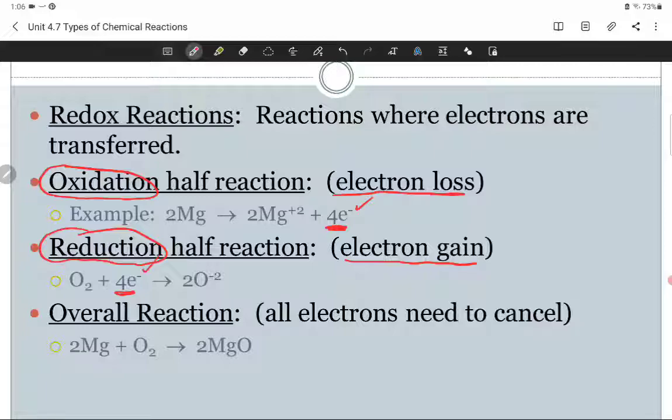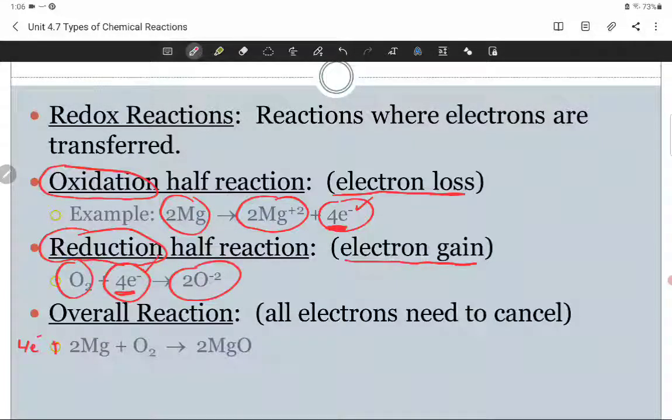So when we combine those two reactions, we add up all the reactants and place them on one side of the equation. I know that the overall reaction doesn't mention those 4 electrons. I'll put those in right now, and you'll see why they weren't in there initially. And then you add up all the products, and you put them all on the other side.